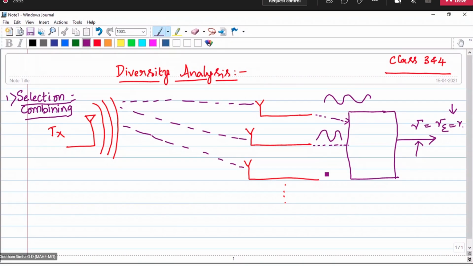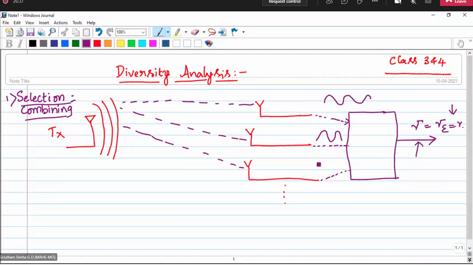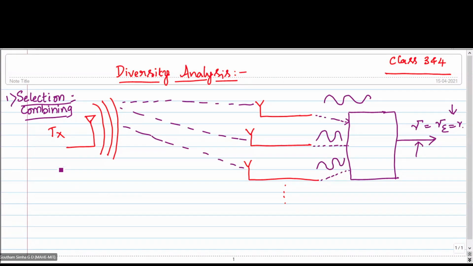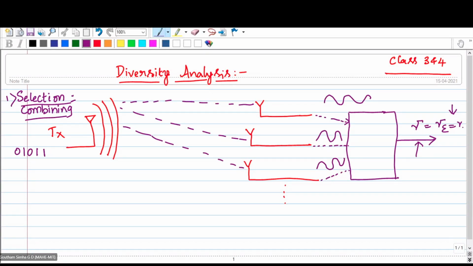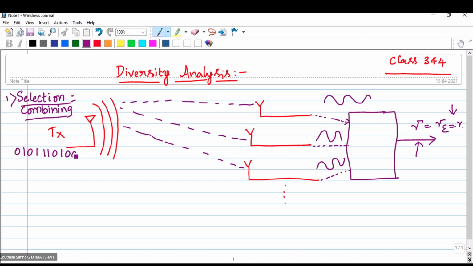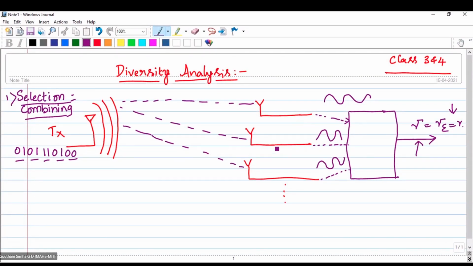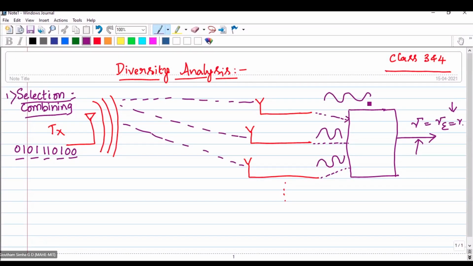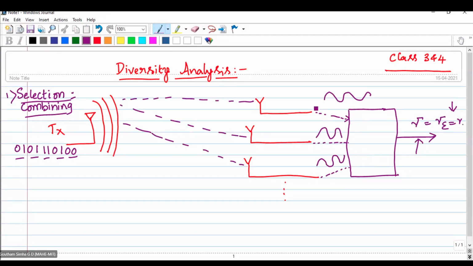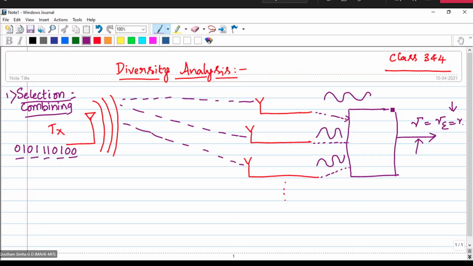And I have received one more signal here and its SNR is something like this. Now, some information like 0101110100 has been transmitted from the transmitter, and you are detecting it as an analog signal here, and it has to be digitally converted and you will get a combined signal in terms of SNR.